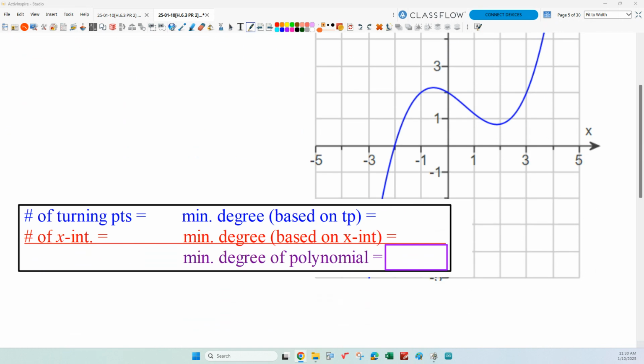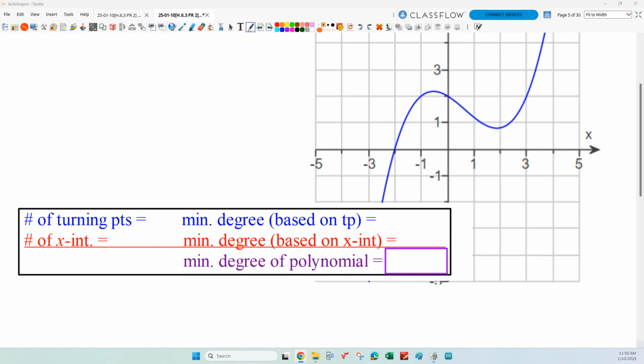What's the minimum degree? Well, let's figure this out. The number of turning points, how many turning points do you see in this function? Tell me with your fingers. 2, yeah. Okay, so if we have 2 turning points, that predicts a minimum degree of what? 3, yeah.